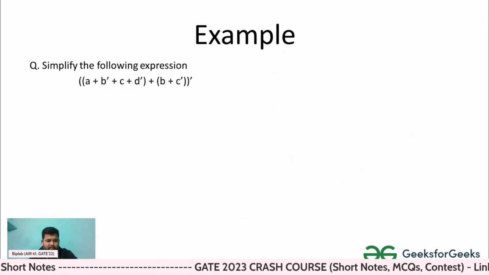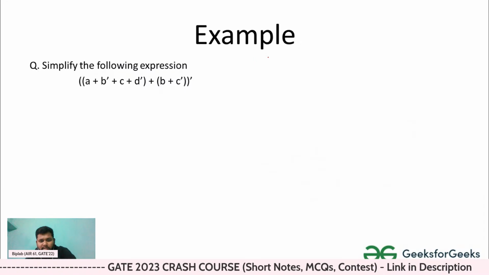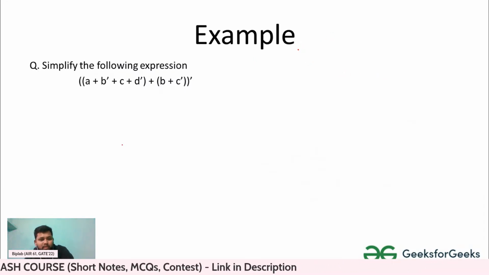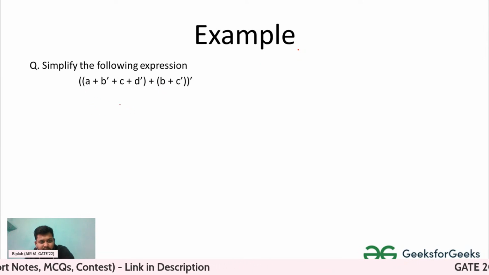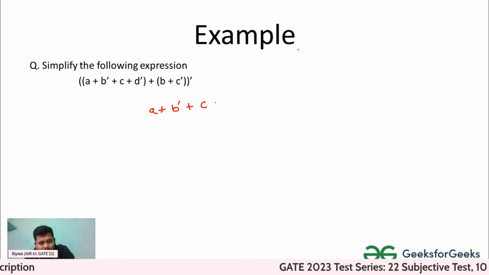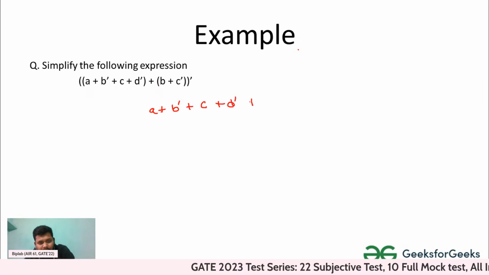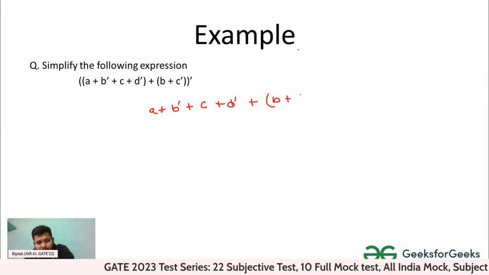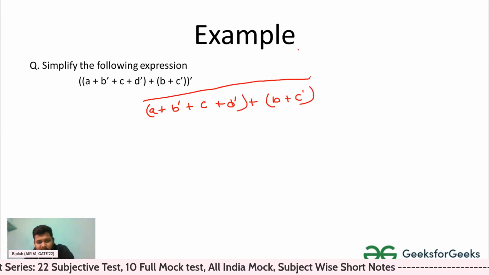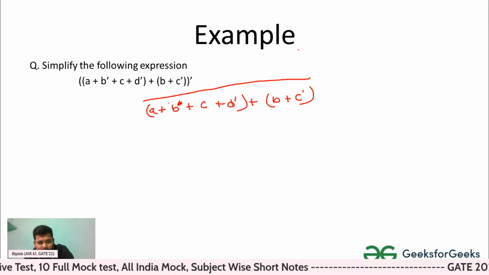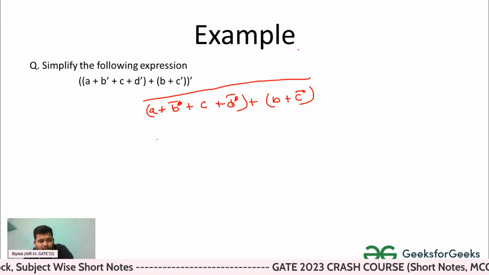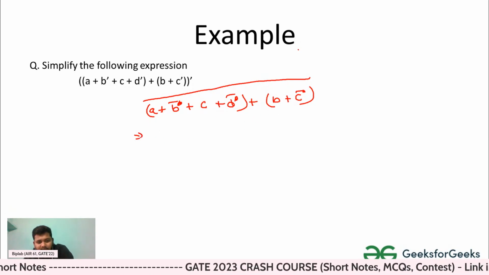Okay, so let's go to the next, last question from Boolean algebra. You have to simplify this expression. Let me write it here. This is an easier one. Plus B plus C bar, the whole has a bar. So you can open this bracket simply.